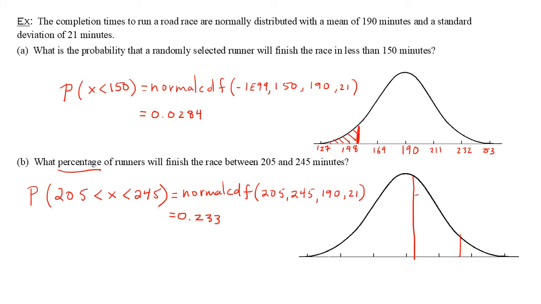I'm just roughly estimating where those values would fall on the graph, but there we're finding the area of that region. There would be the percentage of runners that fall between 205 and 245. But now, because it's asking for percentage, we should convert this decimal to a percentage, which would be about 23.3%.